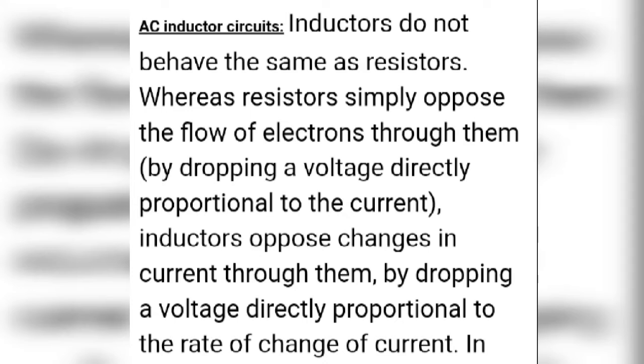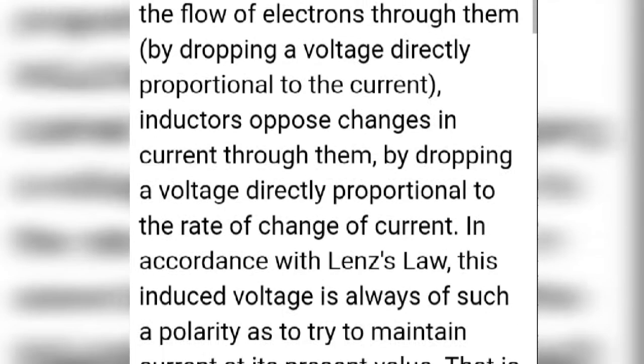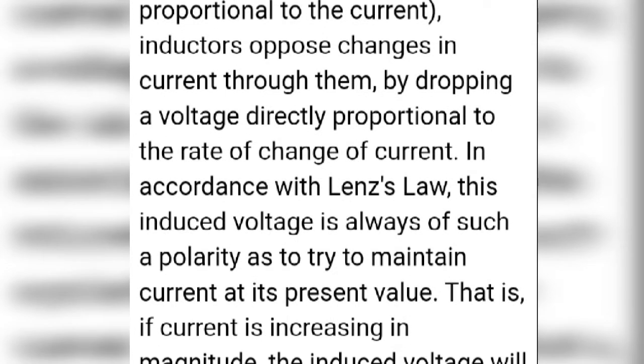through them by dropping a voltage directly proportional to the rate of change of current, in accordance with Lenz's law. This induced voltage is always of such a polarity as to try to maintain the current at its present value.